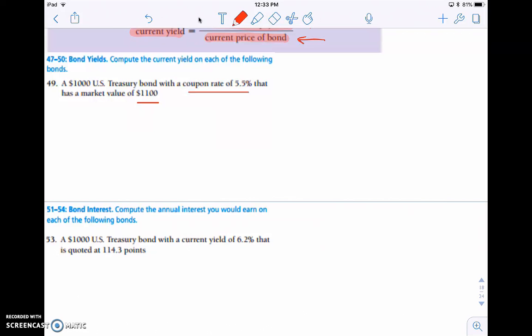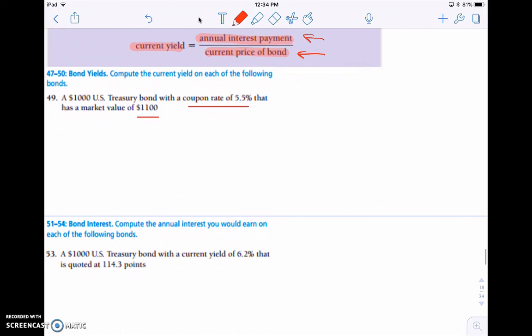So the first thing that we've got to do here is find out how much they're paying us in annual interest. So initially they promised us that they would pay us at a 0.055 or 5.5% rate, and they pay us that on the $1,000.